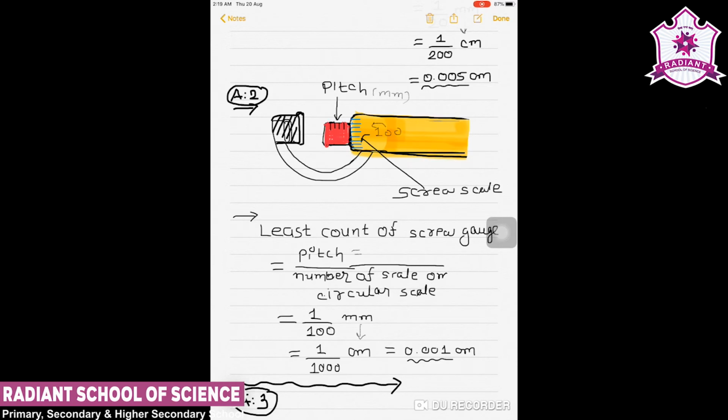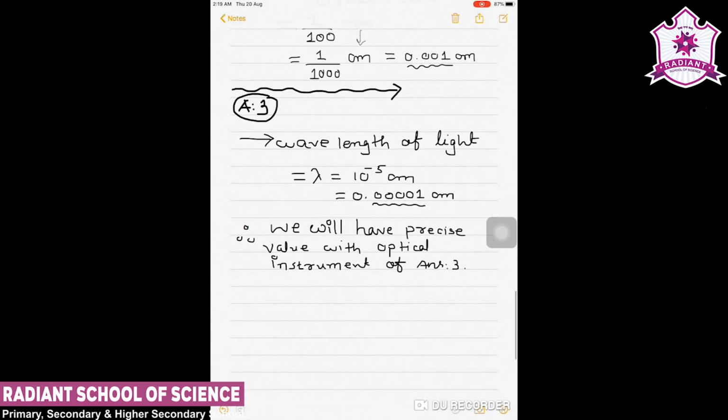But now we will move towards the third instrument. The third instrument given is an optical instrument, having a measurement length of about the range of the wavelength of light. Now the average wavelength of light is in the range of angstrom.